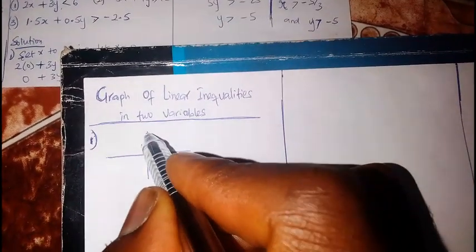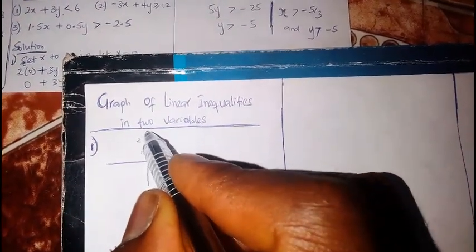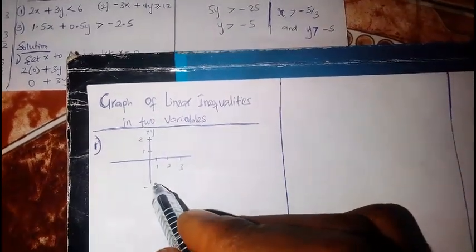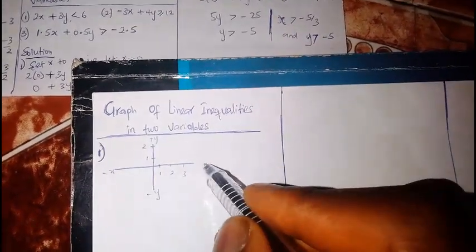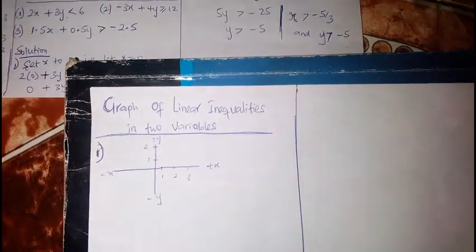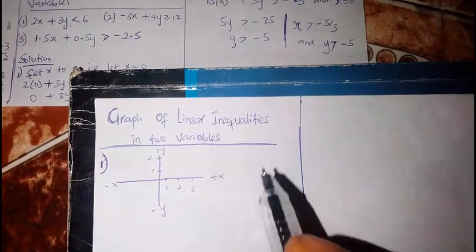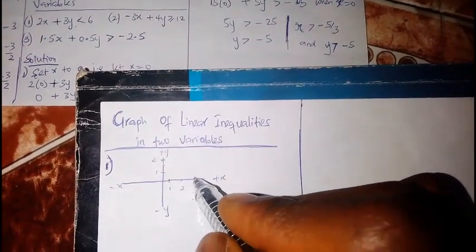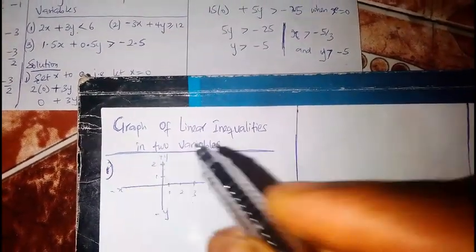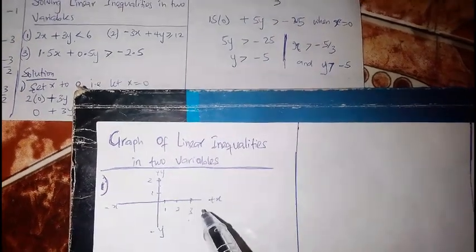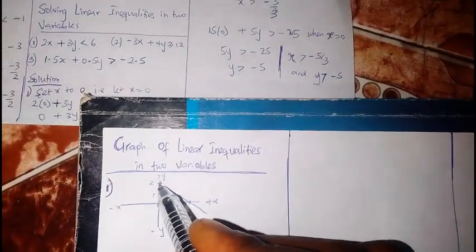This is 1, this is 2. This is my positive y, this is my negative y, this is my negative x, this is my positive x. Now, if x is 3 and y is 2, these are the points that I'm talking about. So what I'll just do is draw something like this.